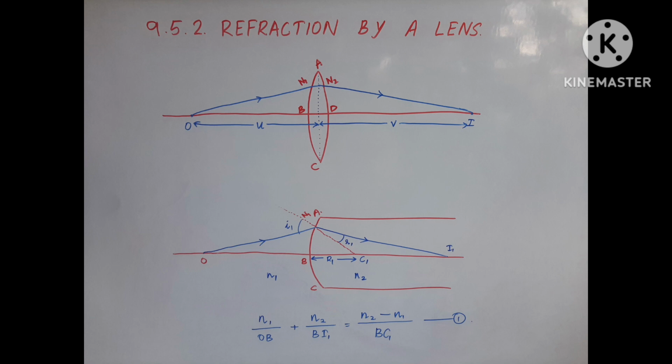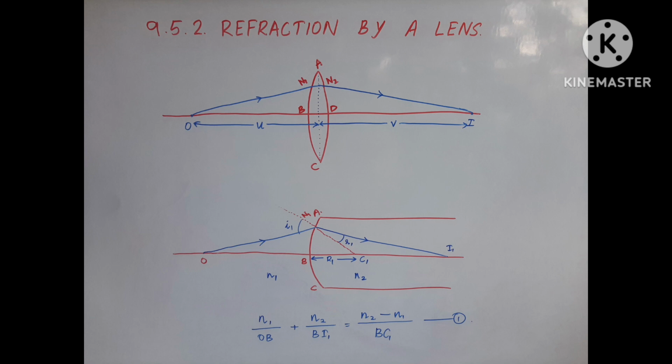So at first an image due to ABC is formed on the other side. Then, due to this image, another image is formed by the ADC part of the convex lens at the other surface.